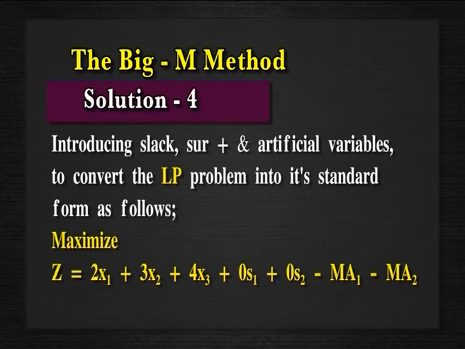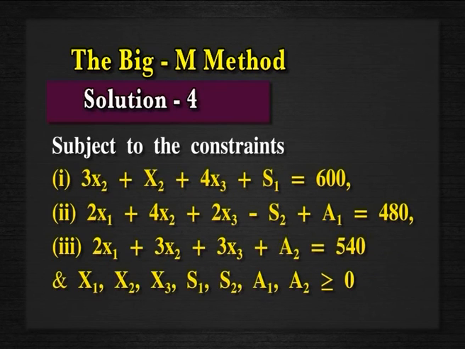Introducing slack, surplus and artificial variables to convert the LP problem into its standard form as follows. Maximize Z is equal to 2x1 plus 3x2 plus 4x3 plus 0s1 plus 0s2 minus Ma1 minus Ma2 subject to the constraints.